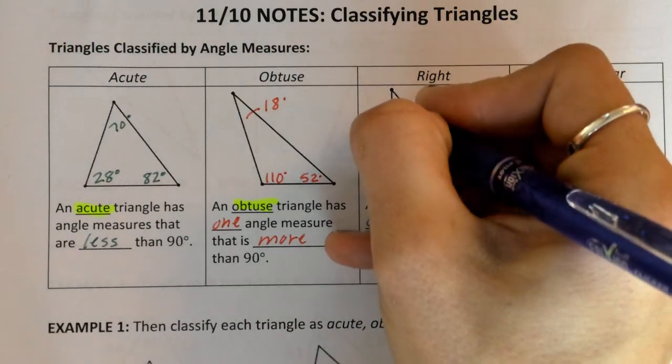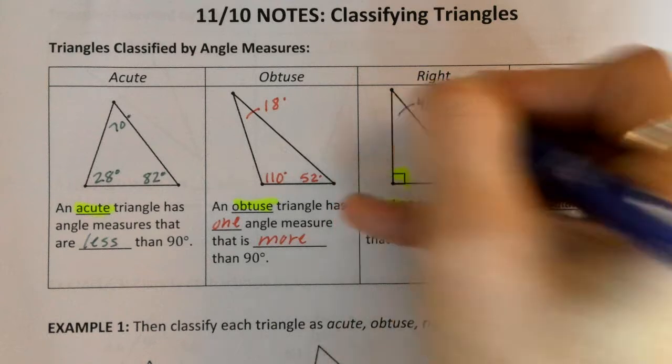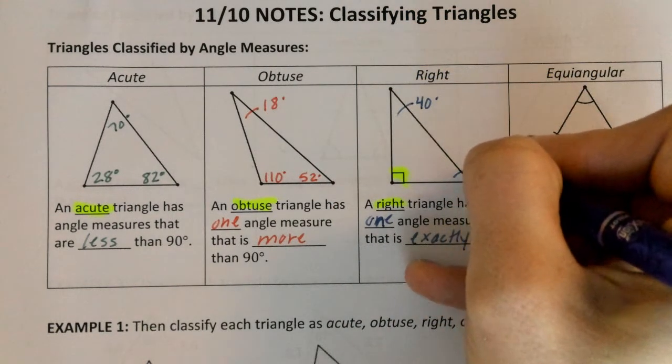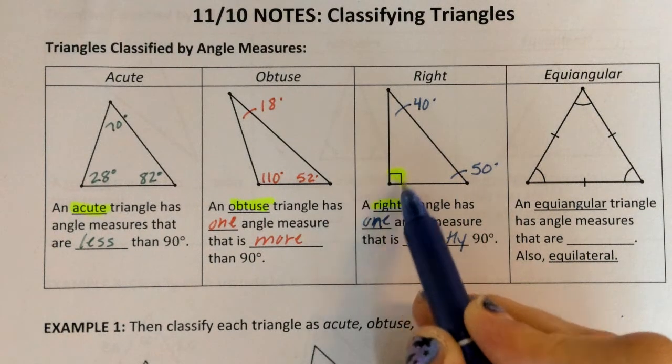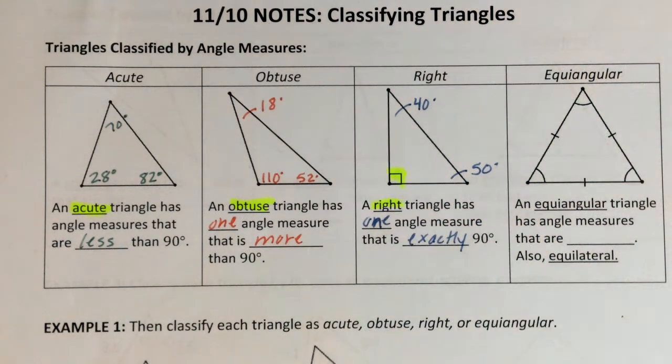We can say up here this is 40 degrees, and this one over here will be 50, making those two acute angles also add to 90, giving you the whole 180. But here, focusing on that 90-degree angle inside of a triangle, we have a right triangle. These all should sound familiar, but now we've got this new thing called an equiangular triangle.